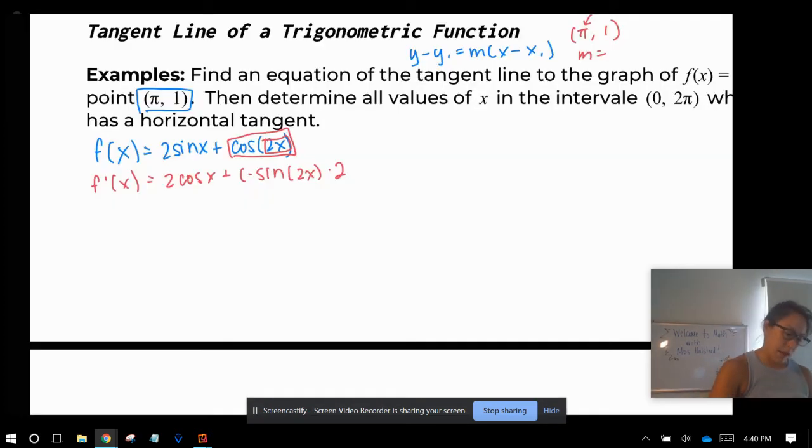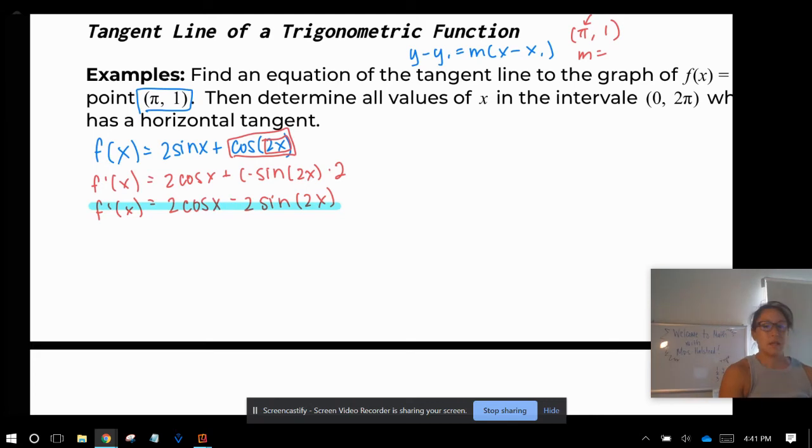So just rewriting that really quick, f prime of x is equal to 2 cosine x minus 2 sine of 2x. Okay, so that's our derivative.